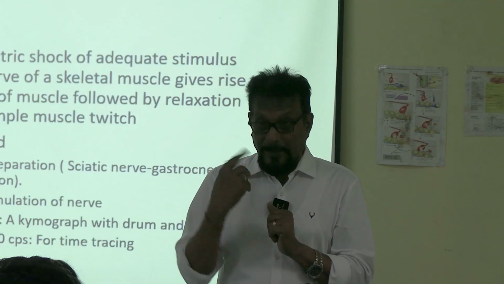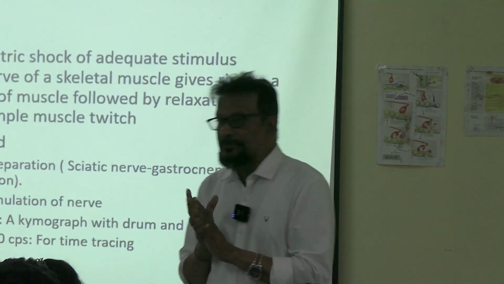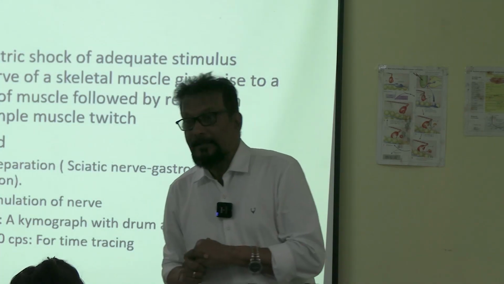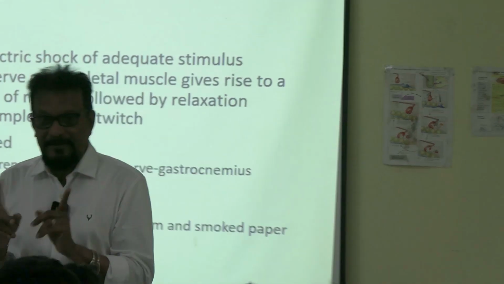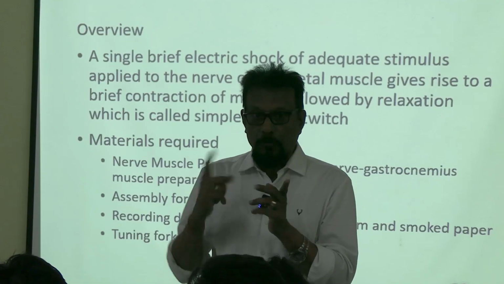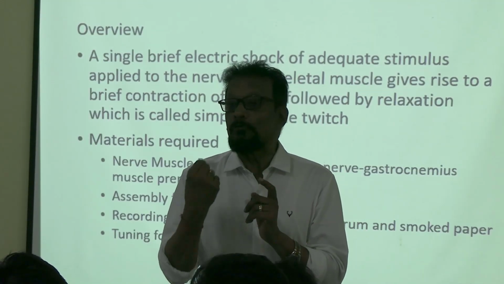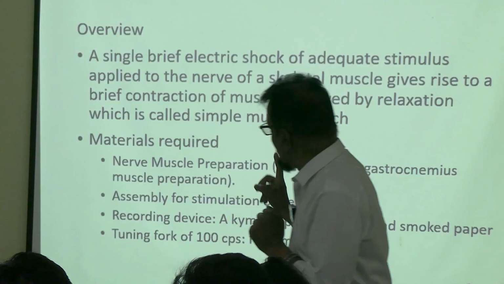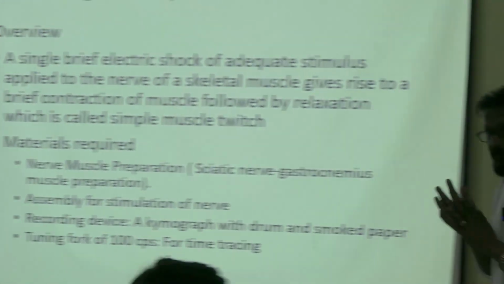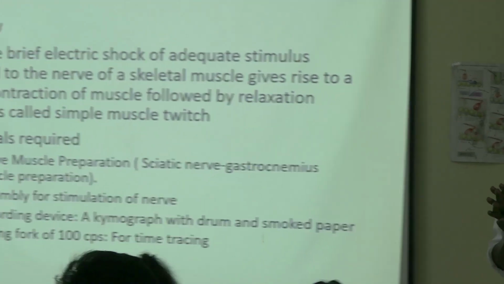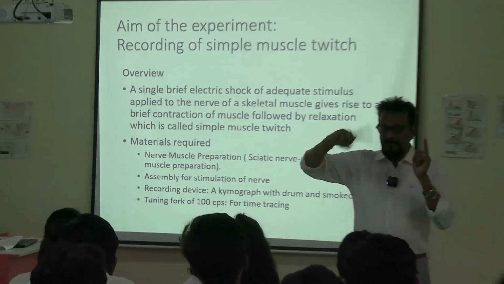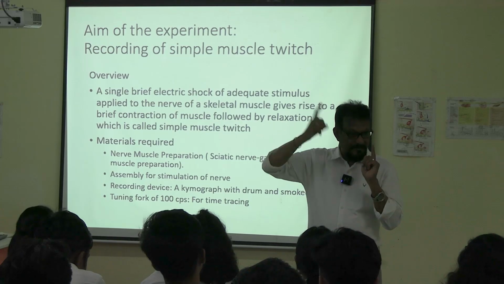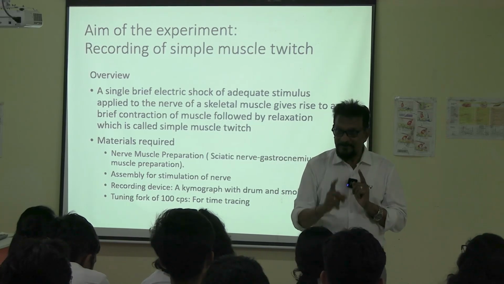But more accurately you can do it by using a tuning fork, which varies in its CPS, how many frequencies it can produce in 1 second. So here we will be using a tuning fork of 100 CPS. Means there will be 100 vibrations, 100 cycles in 1 second.